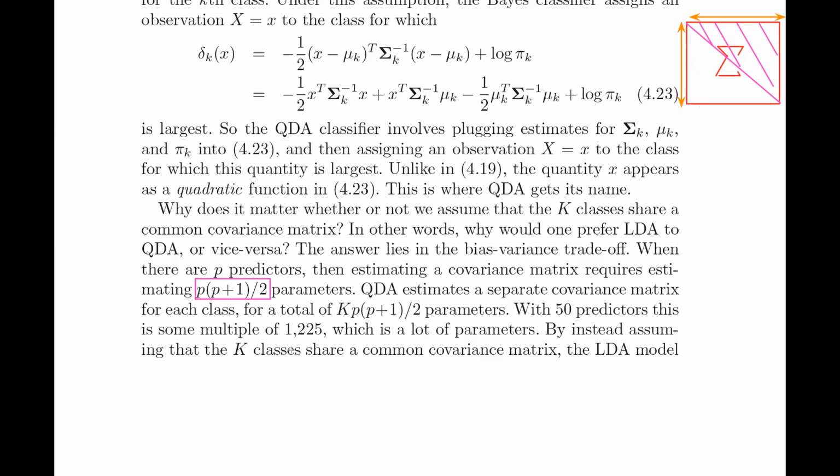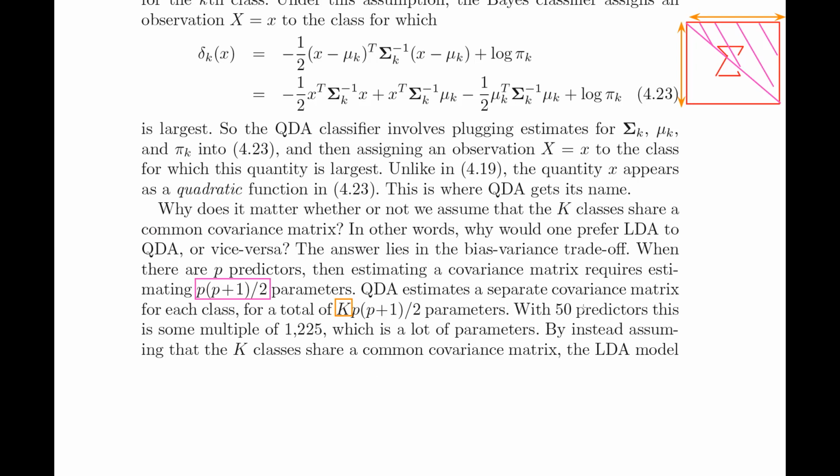QDA estimates a separate covariance matrix for each class, so of course you're going to need K times that. In LDA, you just estimate one covariance matrix. But in QDA, you need a covariance matrix for each class.